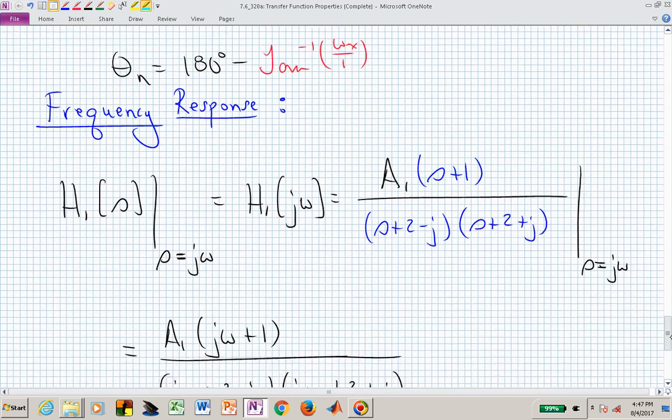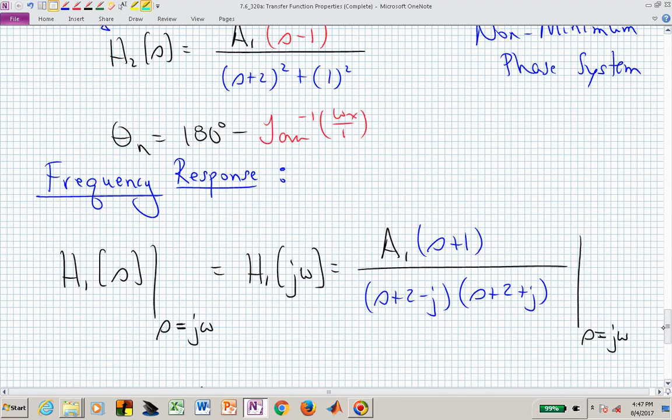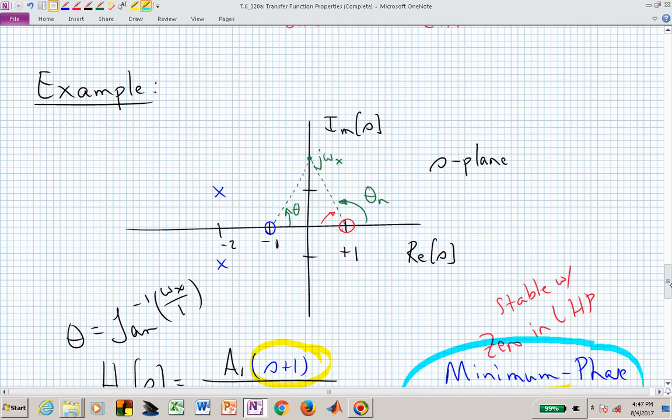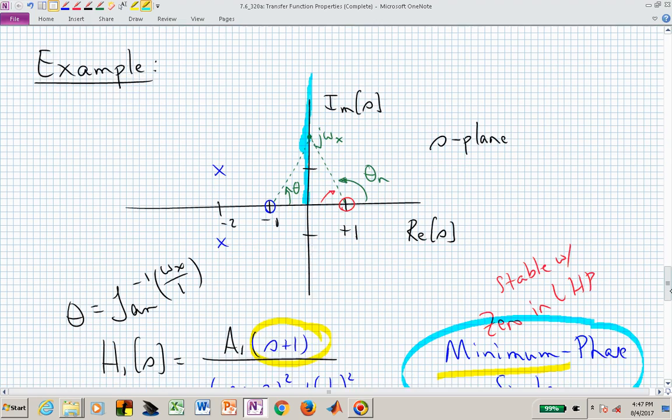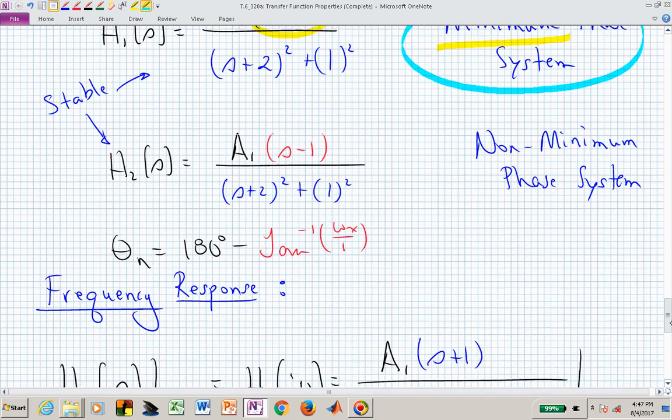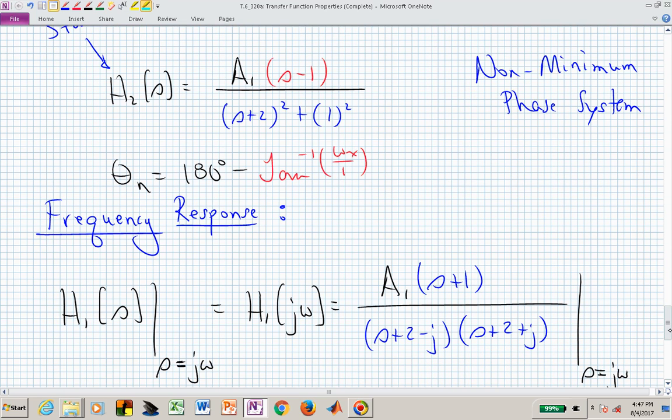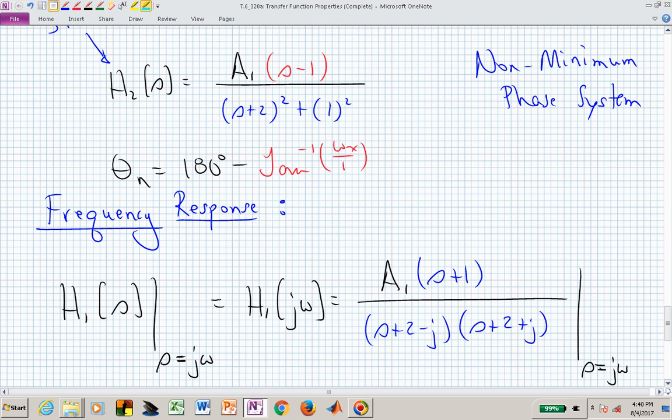If we looked at the frequency response, which is the Bode plot, that's found by evaluating, I should have gone all the way up that imaginary axis. That's looking at the angle and phase contribution of all of these poles and zeros as we walk up the imaginary axis, or when we evaluate a transfer function H(s) for values of s equal to j omega.